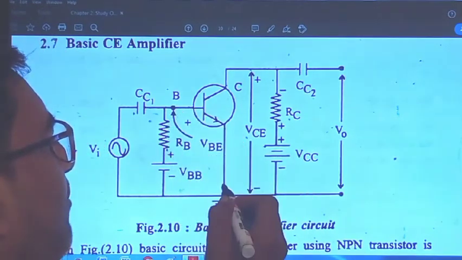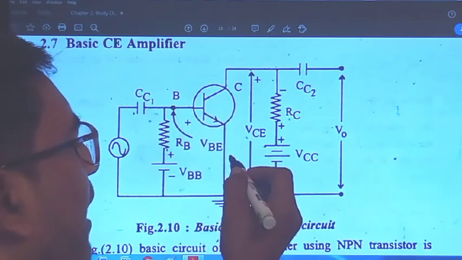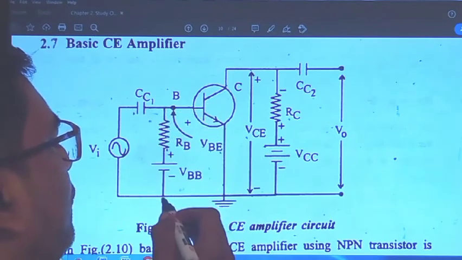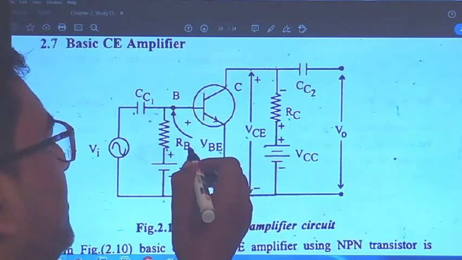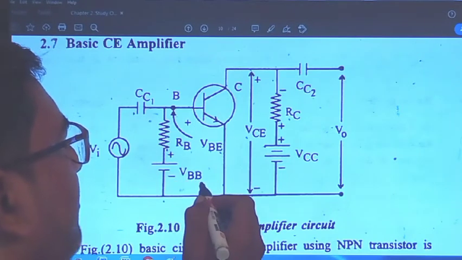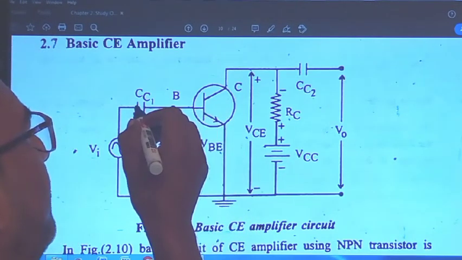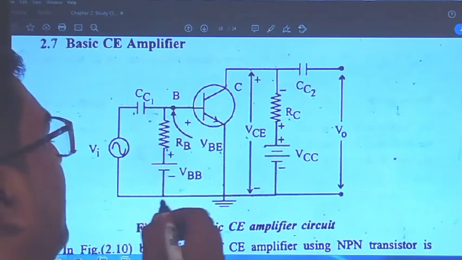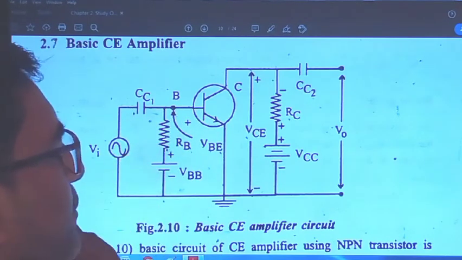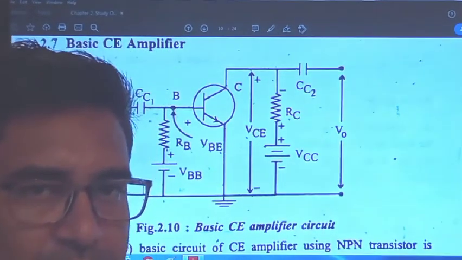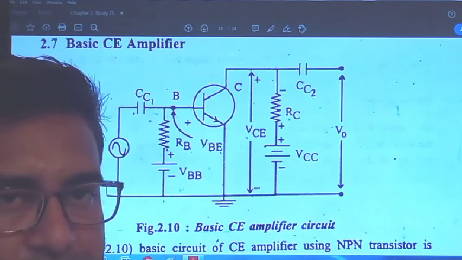From base to emitter, the voltage to be considered is VBE, and the resistance connected is RB with a voltage source VBB. Here the coupling capacitor C1 has been connected to the input with voltage VI. This is the basic common emitter circuit built with a transistor.